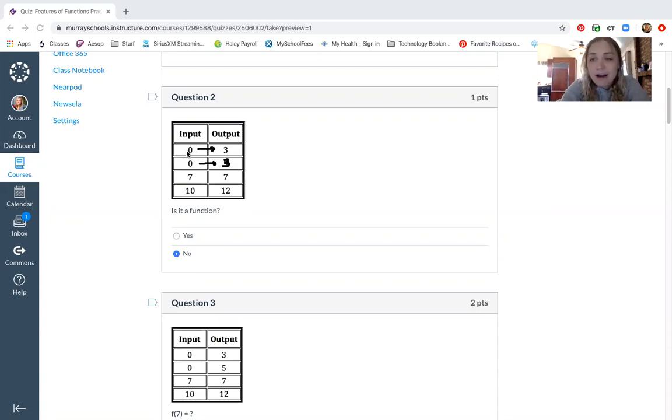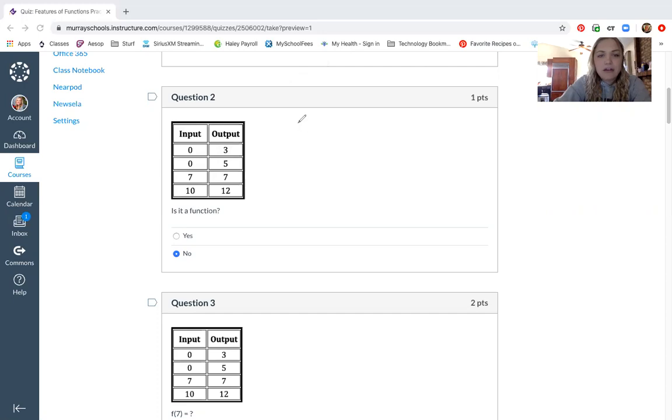I don't want a lottery or a mystery on what candy bar comes out. That's how these work. When you put your input in, you should always know for certain what's going to come out. So since this one said 0 could go to 3, but it could also go to 5, that makes it not a function.